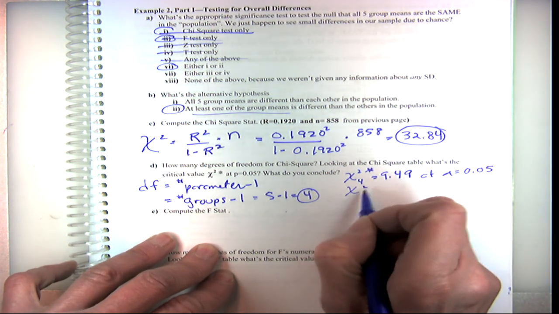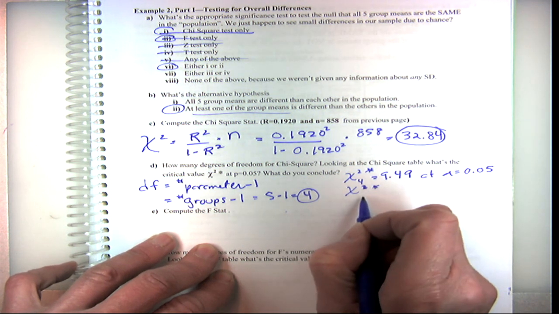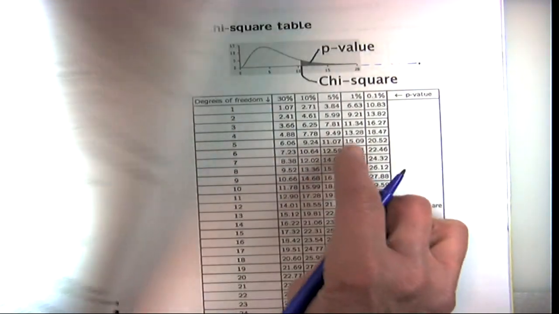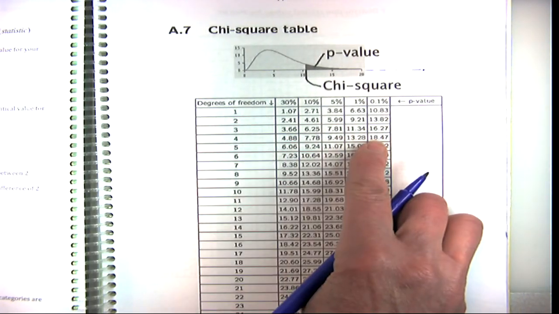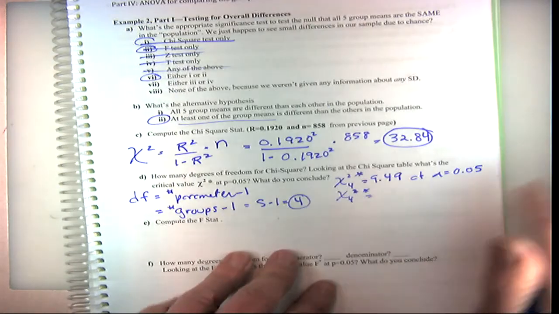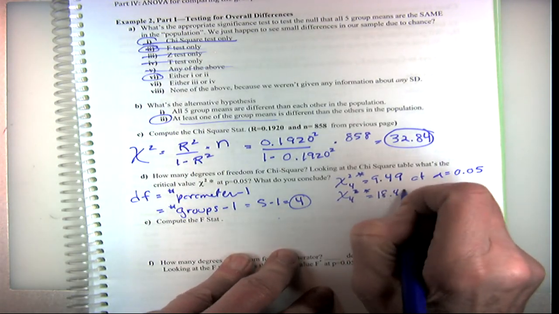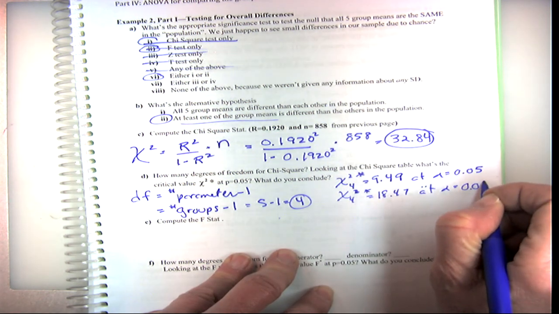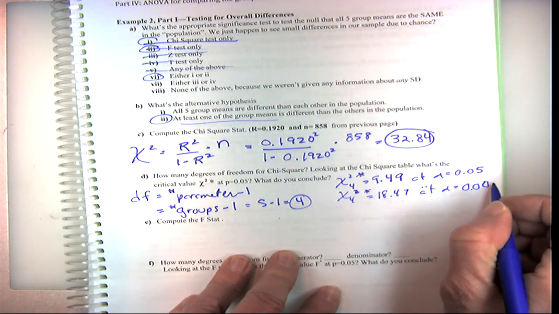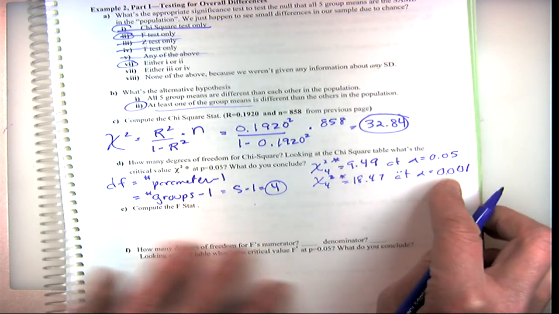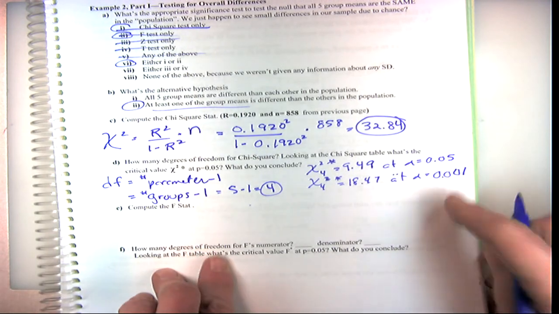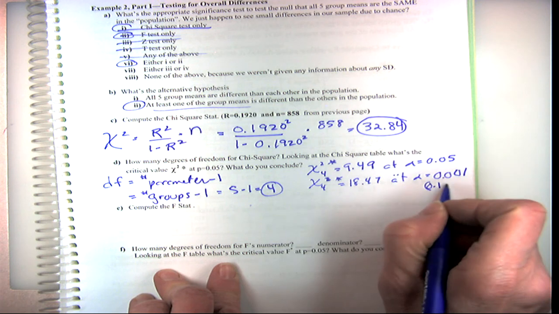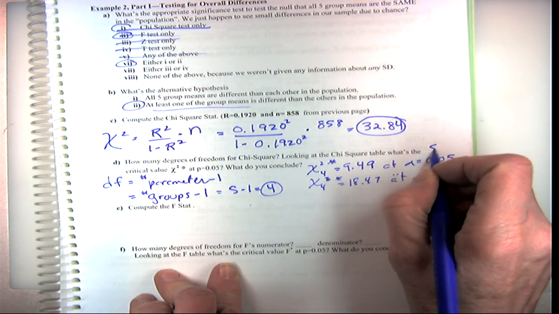And the chi-square critical value with 4 degrees of freedom at 0.1% is equal to 18.47. So that's 0.1%, and this is 5%.